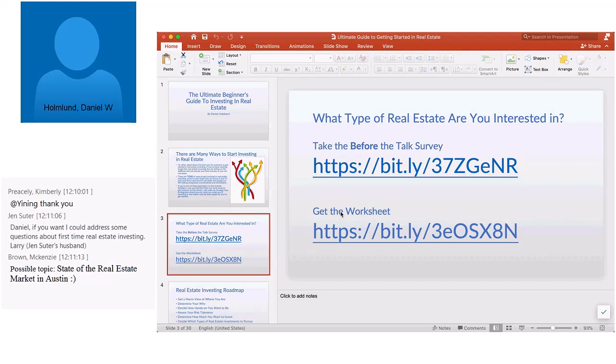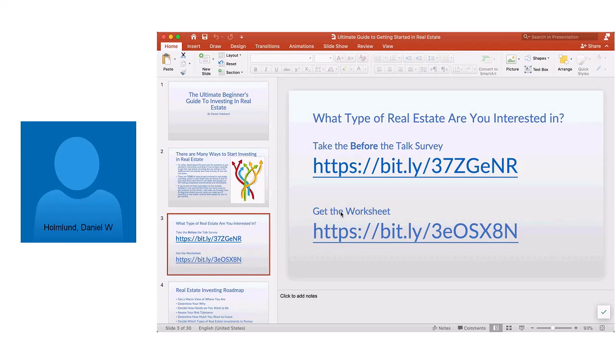The other one is a worksheet, which unfortunately, last night I spent an hour making a very nice worksheet for you all, with beautiful colors and nice fonts, and then Word promptly crashed and lost it all. So instead it's just typed-out questions, and I apologize for that. But grab the worksheet and be looking at it as we go through this talk so that we can narrow in and focus on what types of investment strategies you're interested in.